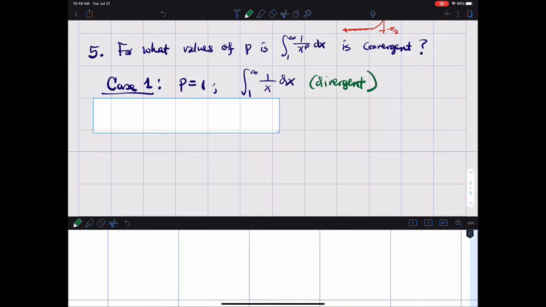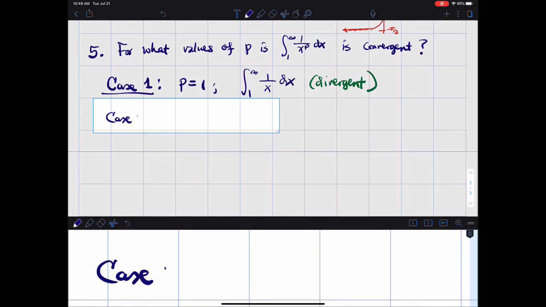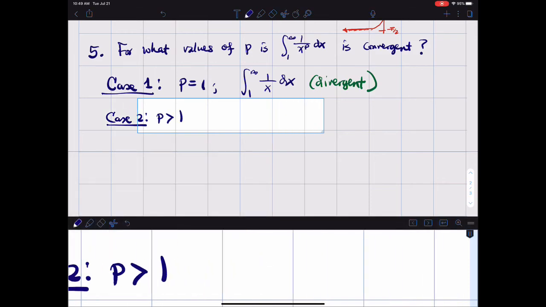Okay, now let's look at case 2, when p is greater than 1. What happens then? So this would be the integral from 1 to infinity of 1 over x to the power of p, right?